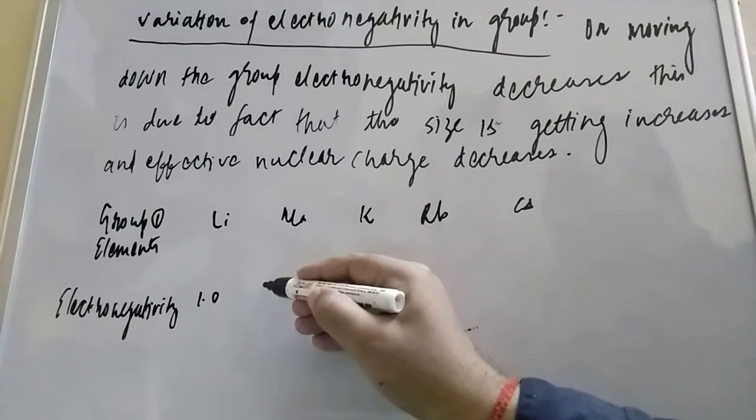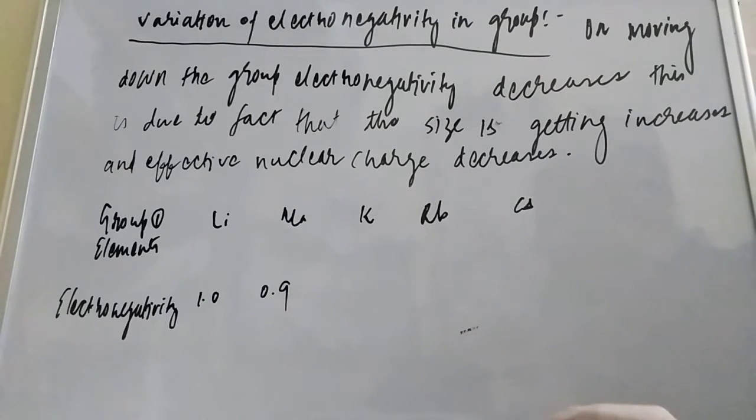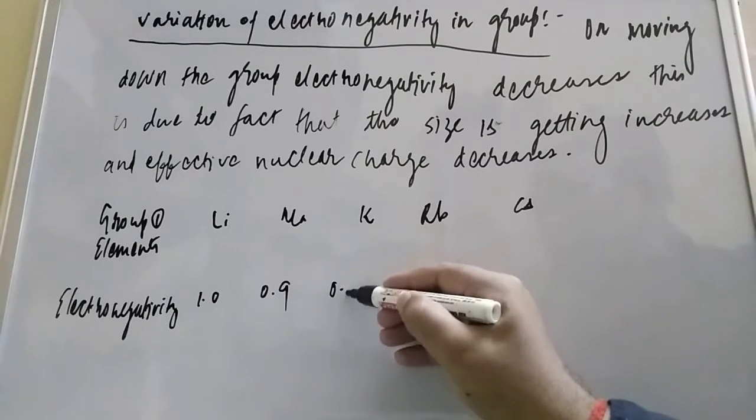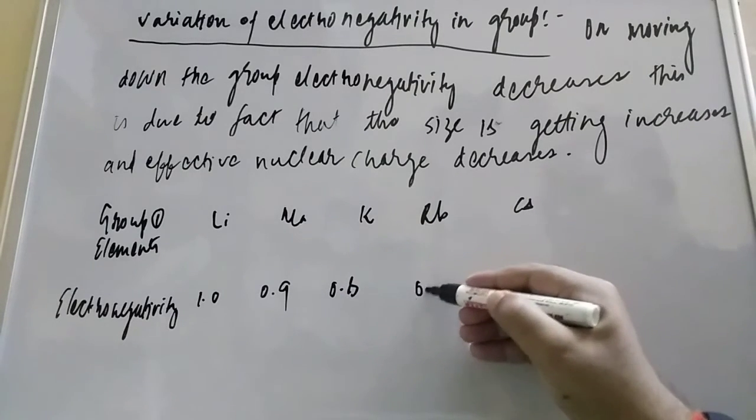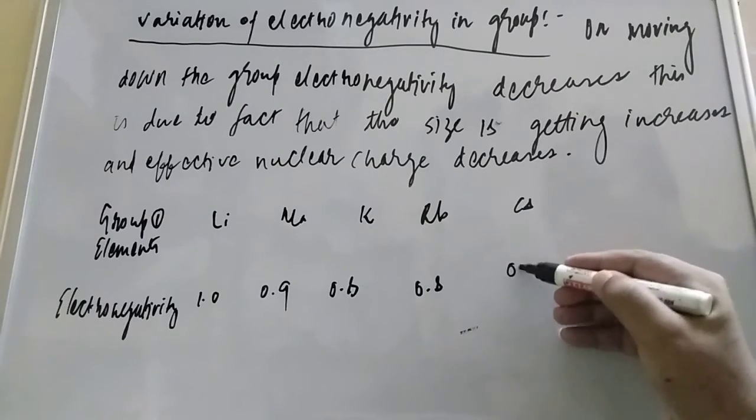Going down, sodium decreases to 0.9, potassium is 0.8, rubidium is also 0.8, and cesium is 0.7.